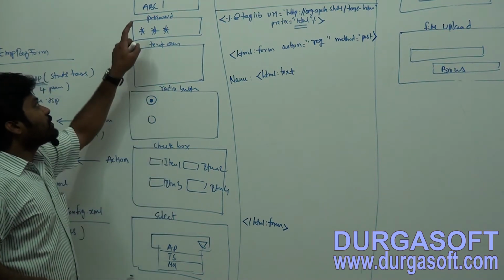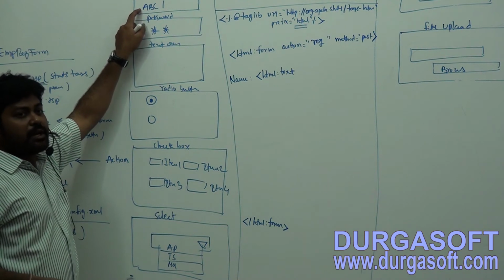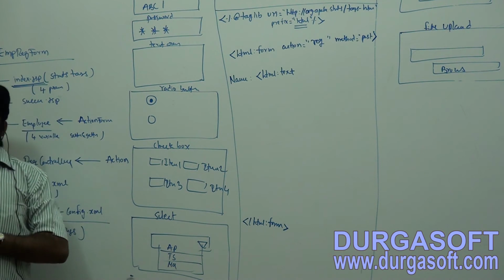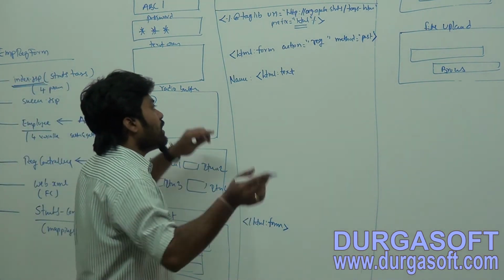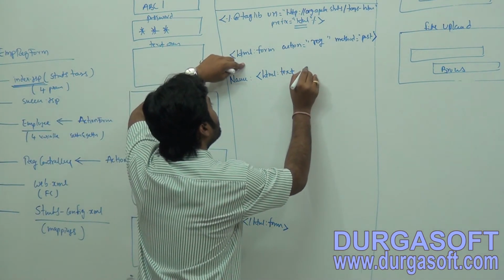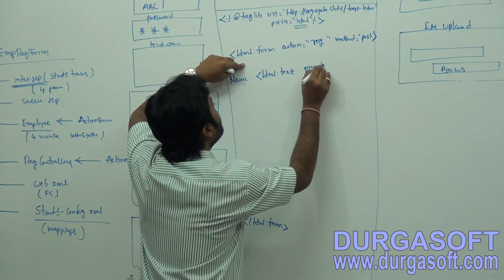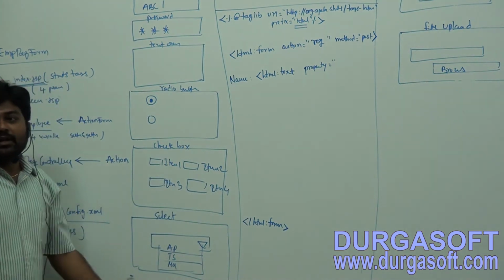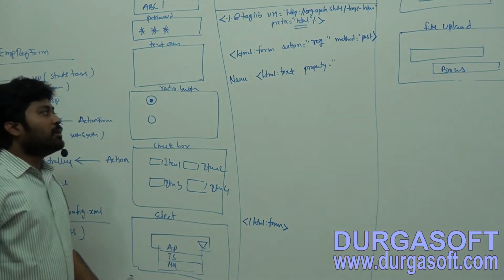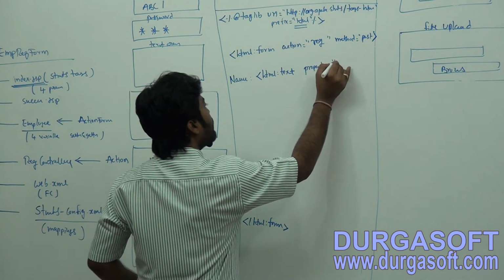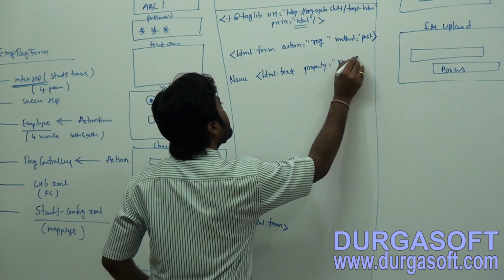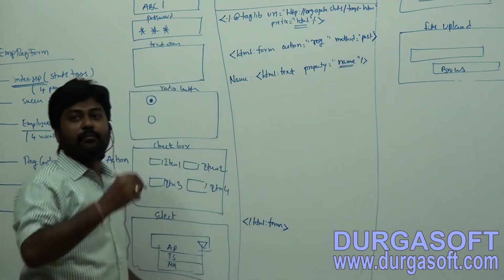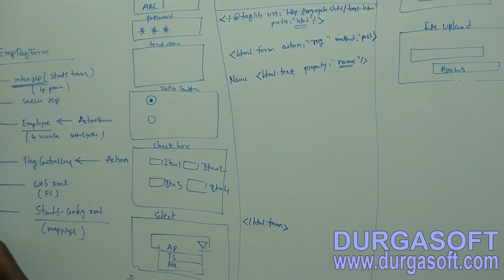But whenever you try to submit this text box data, the action servlet will read this text box data and store it into the bean. So in that bean, what is your bean property name? That property variable name you should configure here. If your bean property variable name is name, that name you should configure here. This is your bean property.